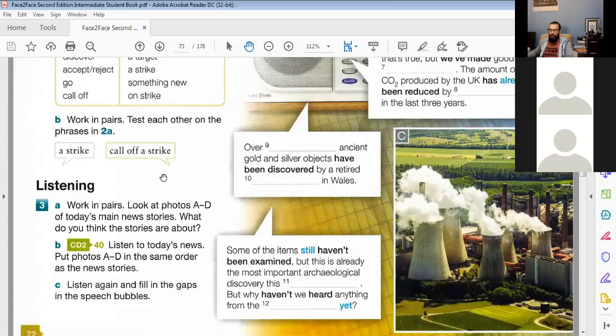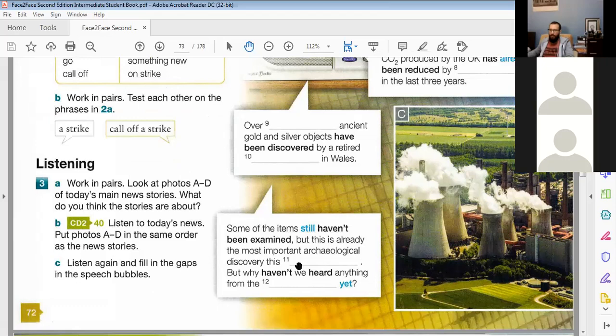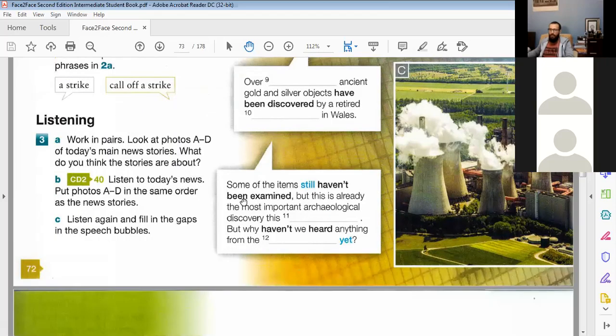Passive. That's correct. It says ancient gold and silver objects have been discovered by a retired teacher in Wales. Passive. Some of the items still haven't been examined. Passive. Passive. Why haven't we heard anything from the government? Active.